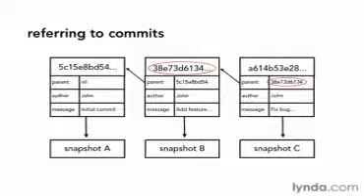And if we change the parent of snapshot C, then when we run it through the algorithm, it's going to come up with a different SHA as well. So all the way down the chain, every single Git object will have to be changed just because we made a change earlier down the line. We'll have completely broken the integrity of the data that's in Git. So Git doesn't want us to do that.